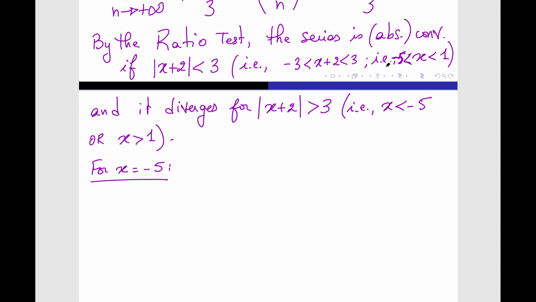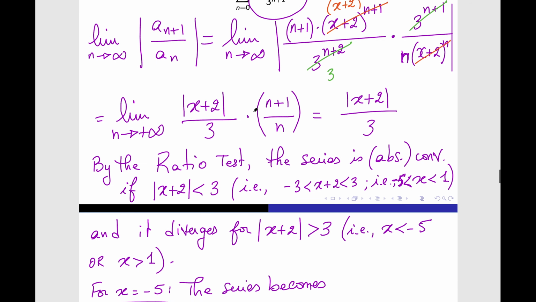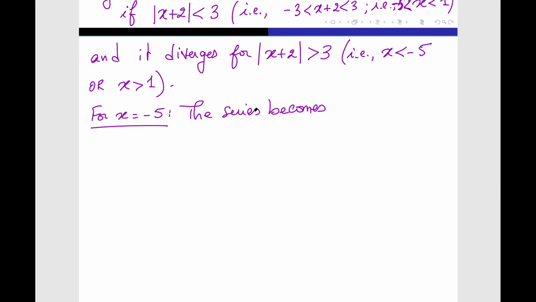So for x equals -5, what happens to the series? I'm replacing x by -5, so this becomes -3 to the power n. So the series becomes the summation of n times -3 to the power n, divided by 3 to the power n plus 1.